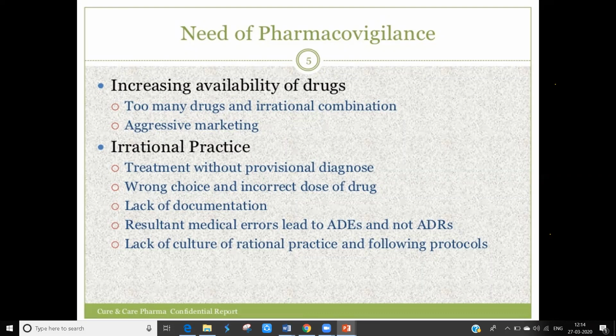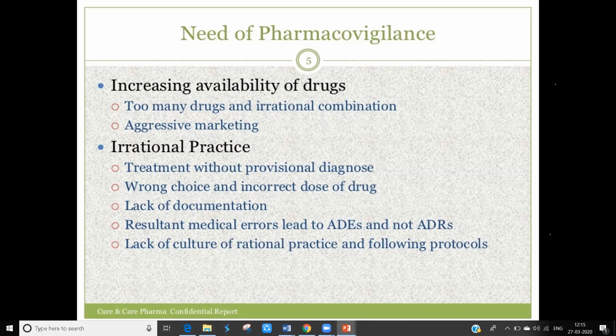So here the relationship of the drug to the reaction is very clear. So during that time we call it an adverse drug reaction. It's a very important concept. All adverse drug reactions can be adverse drug events, but all adverse drug events cannot be adverse drug reactions. That's the major difference between these two terminologies.